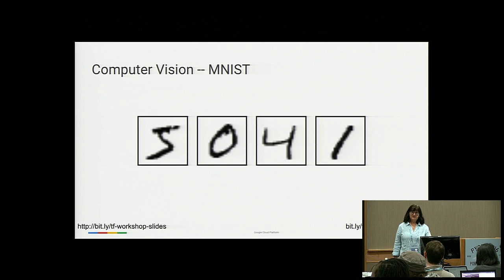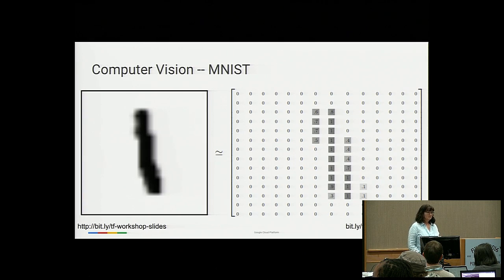So this is a canonical neural net problem that a lot of people try to solve in different frameworks. These are black and white images, so you have information about which pixels are on and how dark each pixel is at that point.